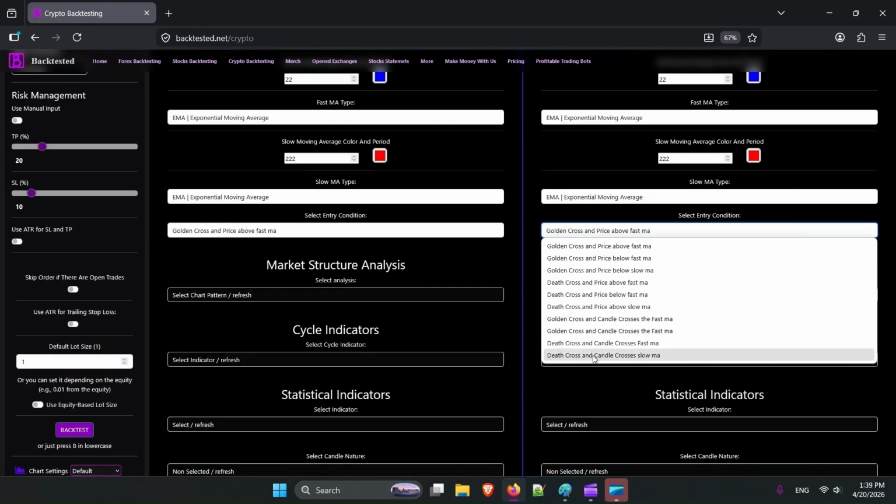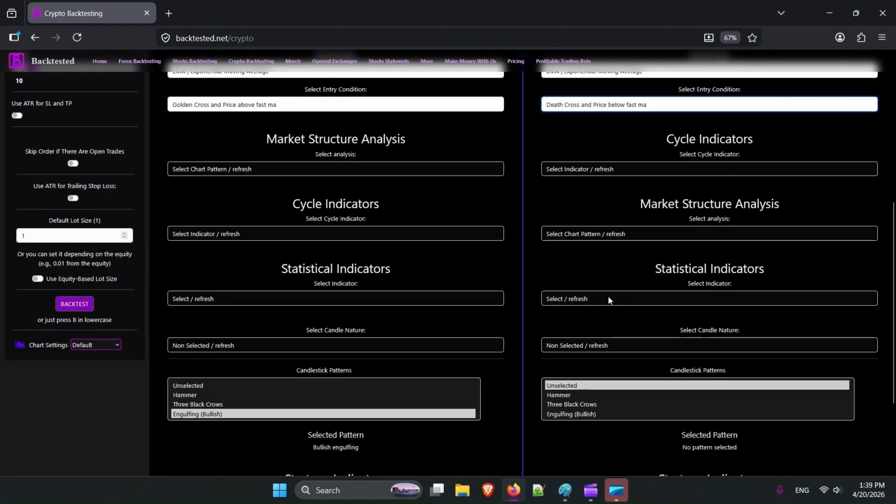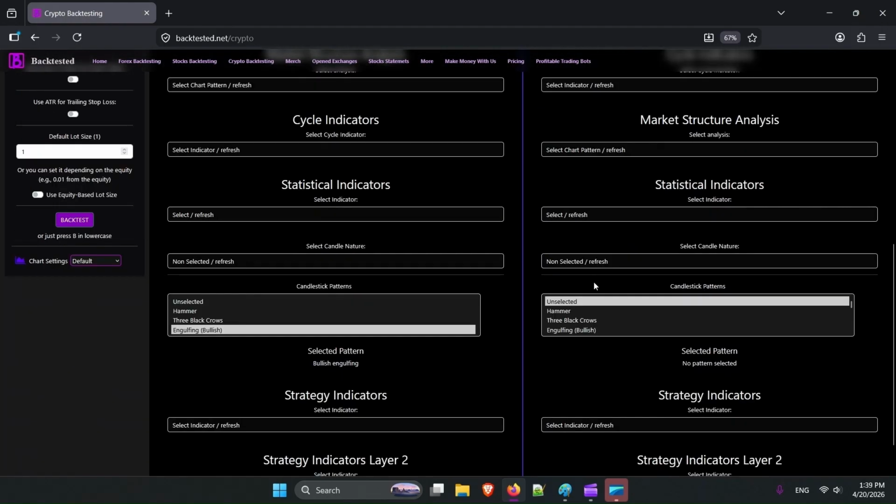So death cross and candle. Yep, this is the signal, death cross, and the price is below the fast moving average, which is in this case the exponential moving average. And then for the engulfing, we will select bearish engulfing.